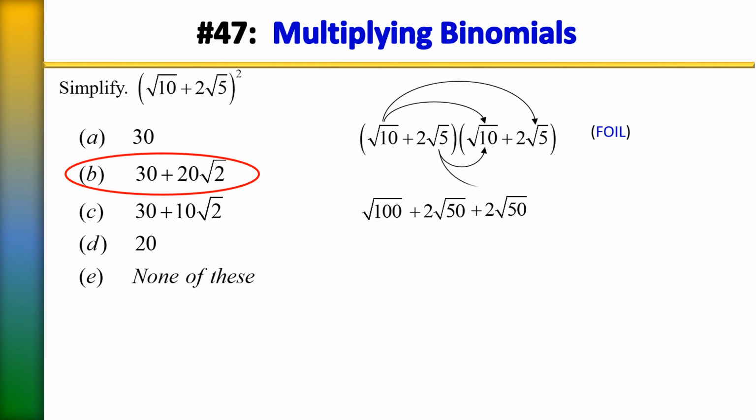And let's do the last. Outside with the outside. 2 times 2 is going to give me 4 outside. Then I'm going to multiply radical 5 times radical 5, which is going to give me radical 25. So 4 radical 25. My next step then is I'm going to simplify everything and combine like terms.